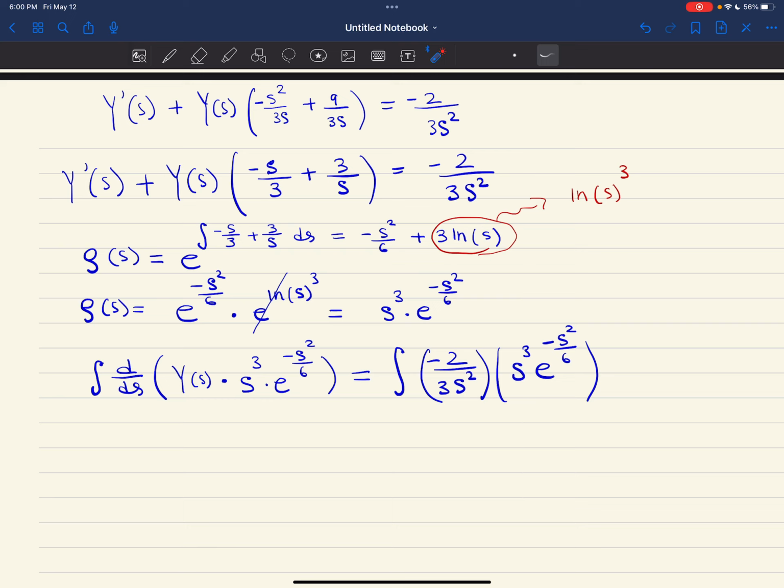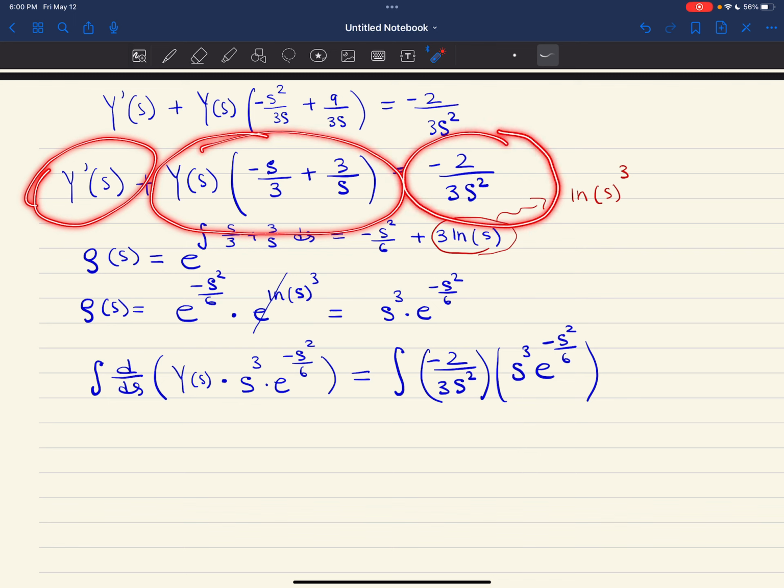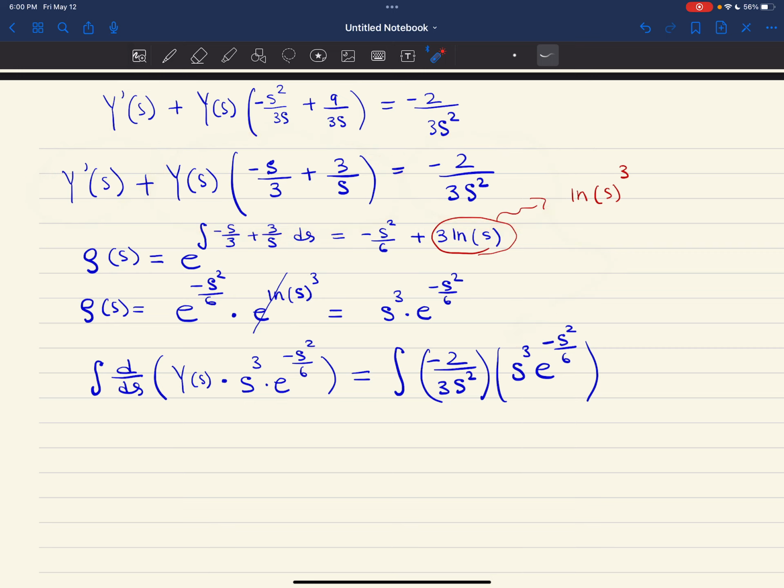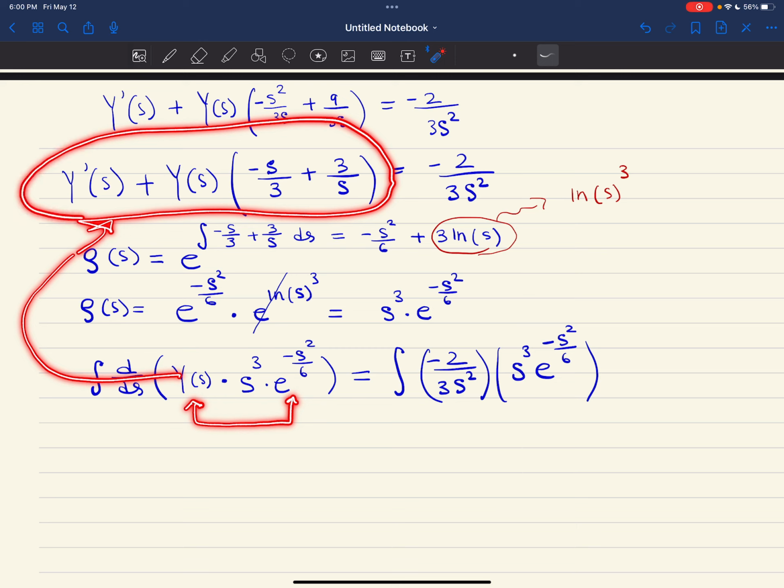Like I said before, you would have to take your integrating factor and multiply it with this term and this term, and that's why I'm putting the integrating factor here, right? If you think about it in a way, if you take the product of these two, you would end up getting this whole thing, like if you do the product rule.